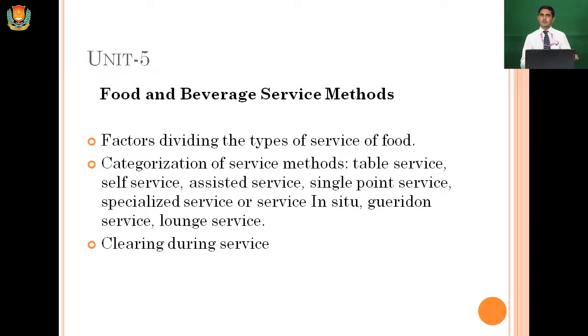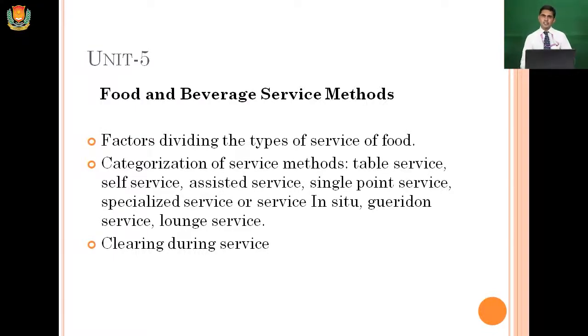So these types: single point of service, specialized service, service in situ, Gueridon service, lawn service, entree service, a lot of services are there. I'm going to tell you in your unit 5 deeply in this first semester. And then the last third subpoint in your 5th unit is clearing during service.